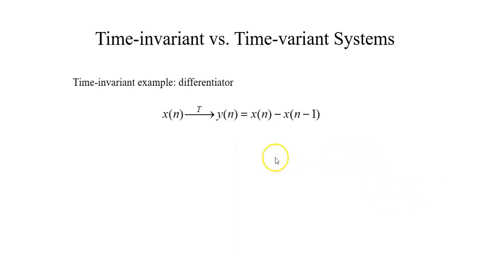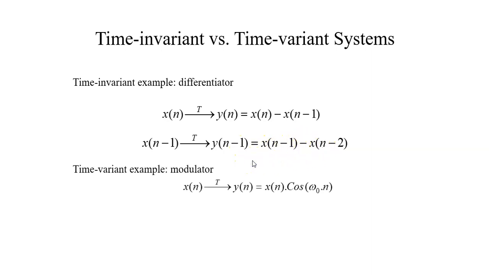Time invariant example: the differentiator. You see x of n, the system to transform differentiation. x of n gives y of n equals x of n minus x of n minus 1. This is the differentiator, see the minus, and this is the difference shifted by 1. So x of n minus 1, after transformation, will give y of n minus 1, which is x of n minus 1 minus x of n minus 2.